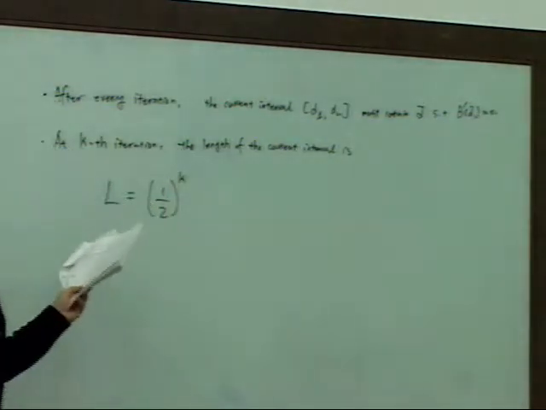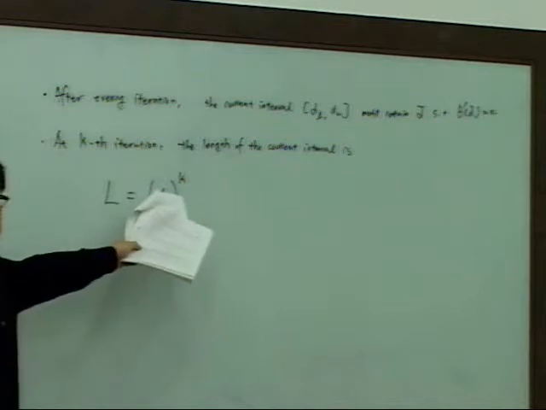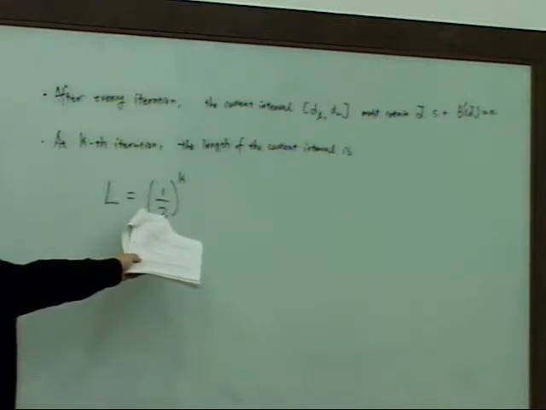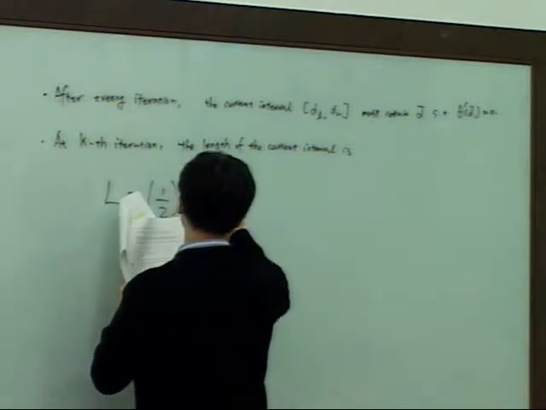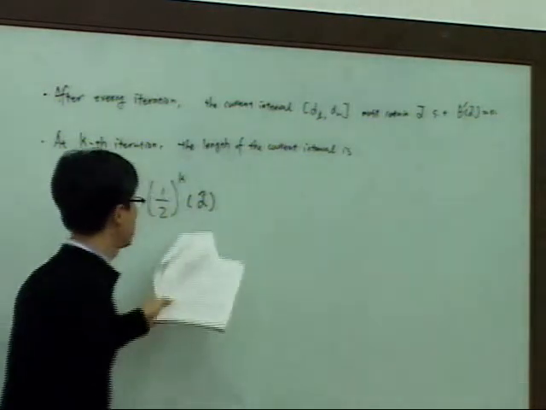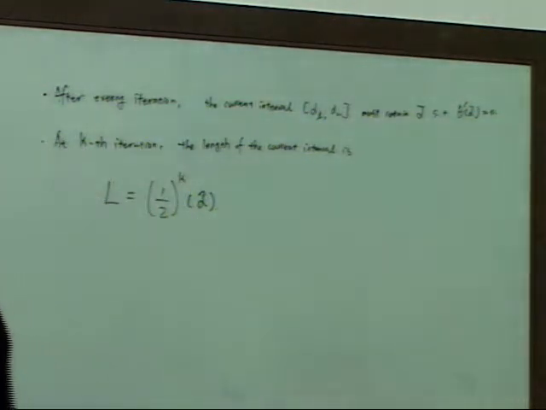Because we are dealing with the kth iteration, it's 1 over 2 to the power of k times alpha hat. The initial length is from 0 to alpha hat, which is alpha hat minus 0, equal to alpha hat.